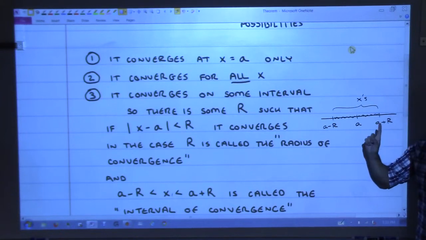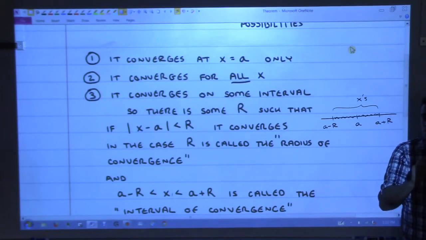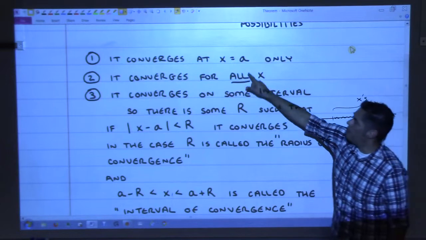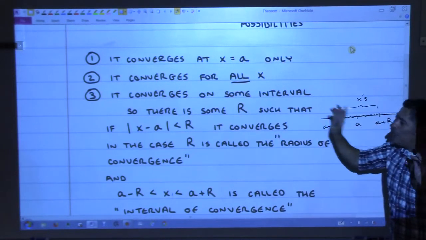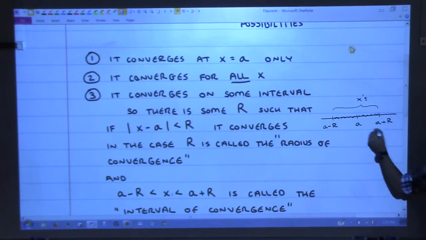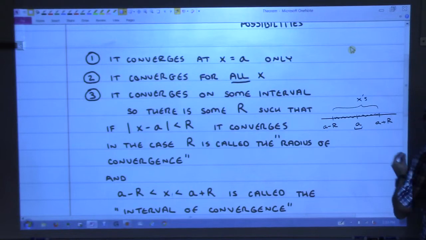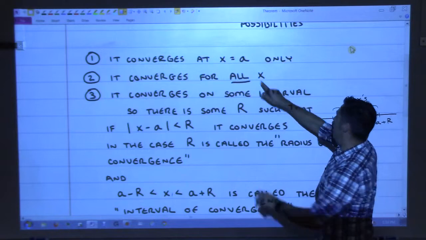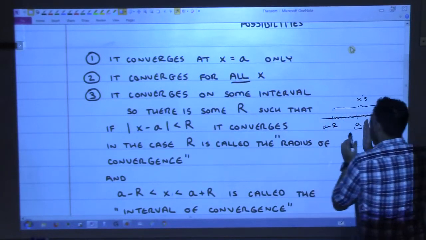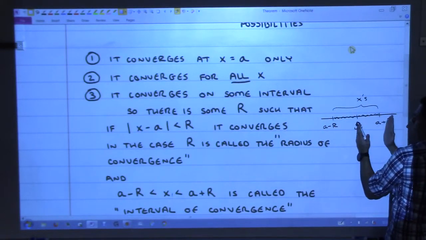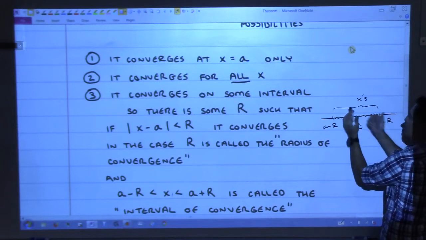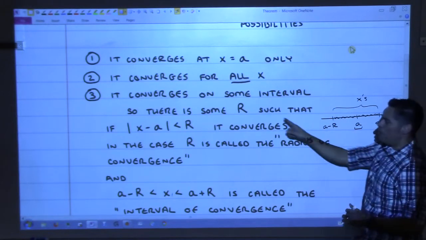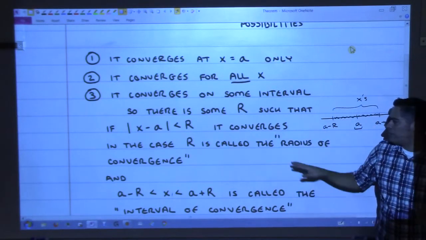Remember, didn't we say that when x was a, it converged? We said it in the very beginning. So automatically we know one point for sure: at x equals a, it converges. But if it converges somewhere else, it either converges everywhere, both directions forever, or it's some distance to the left and to the right of a, the same distance both ways. We call that distance R the radius of convergence.